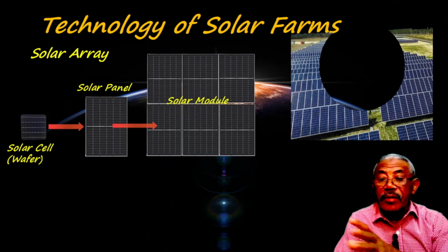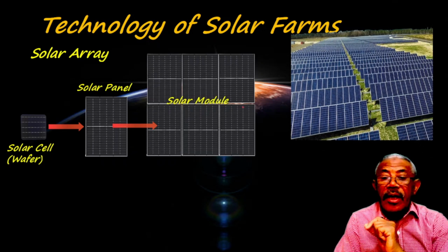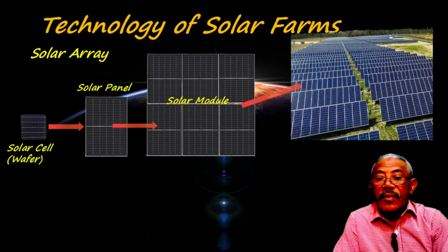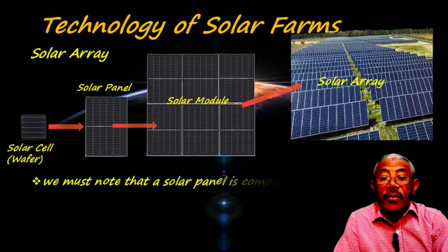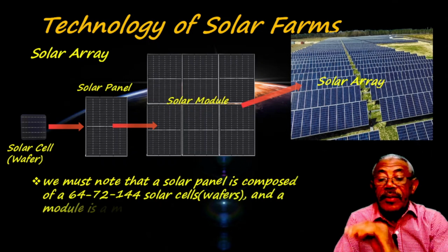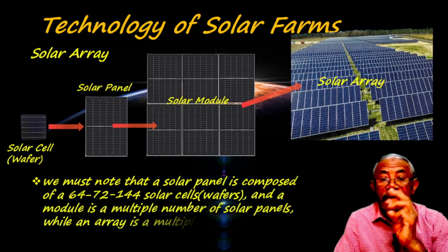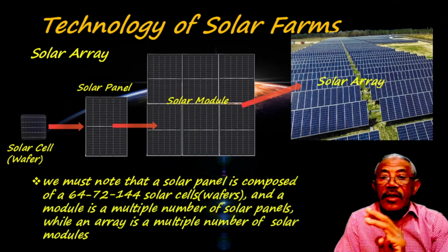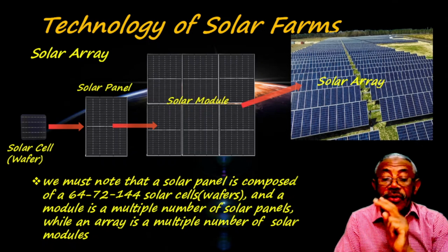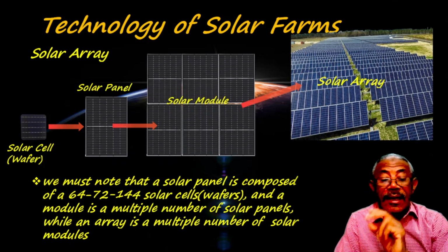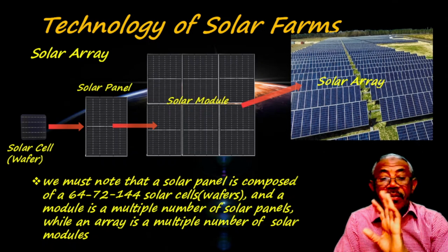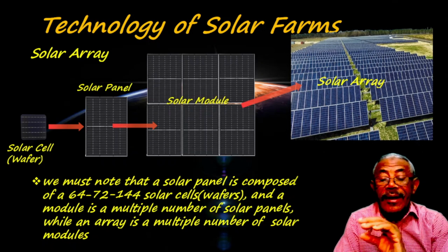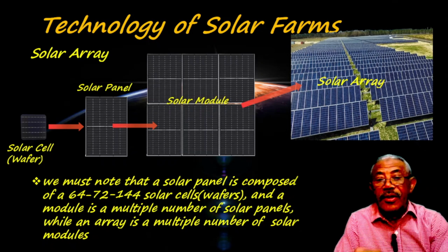Then a multiple number of solar modules make a solar array. We must note that a solar panel is composed of 46 or 64, 72, 140 solar cells, and a module is a multiple number of solar panels, while an array is a multiple number of solar modules.